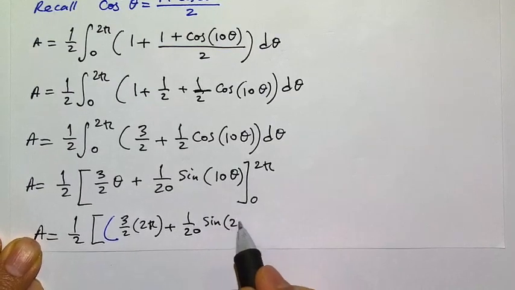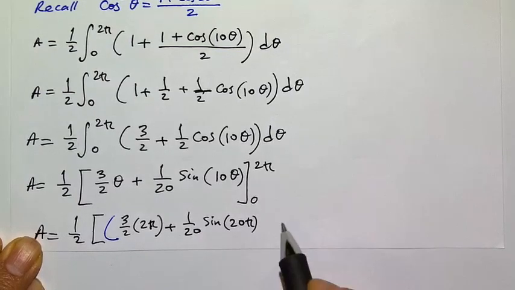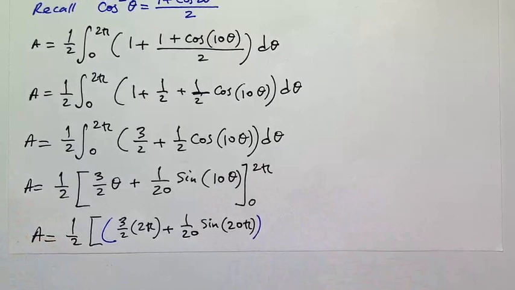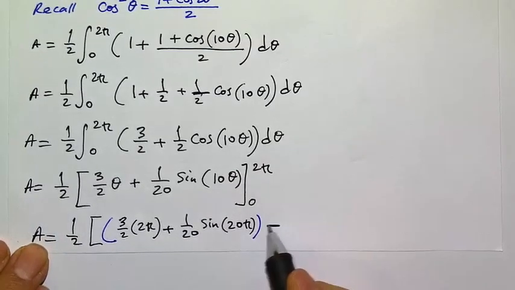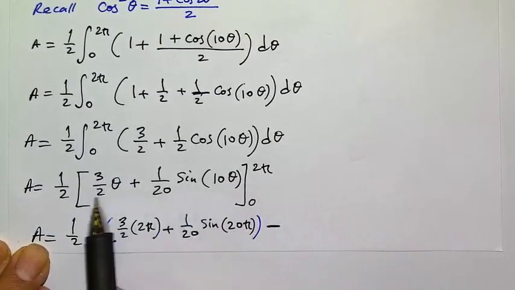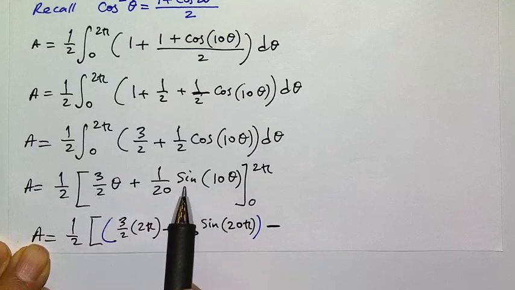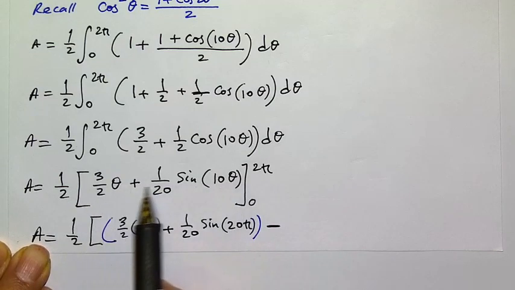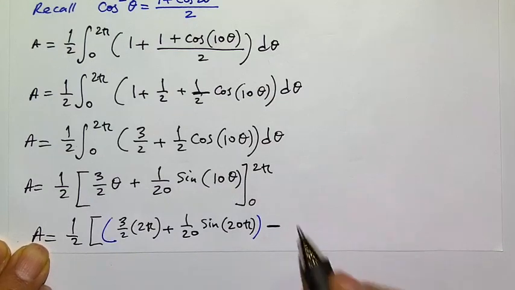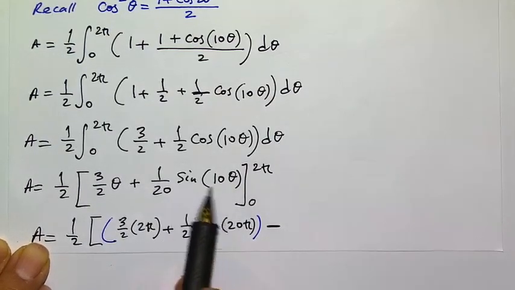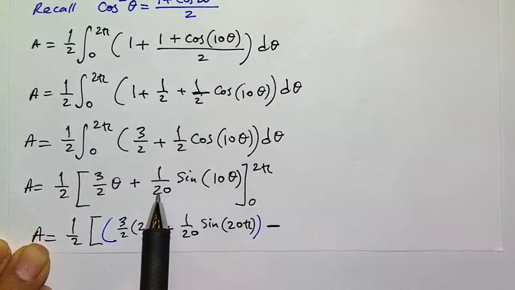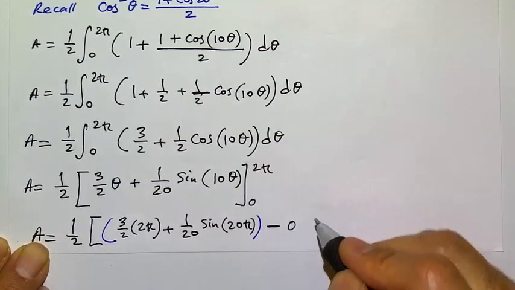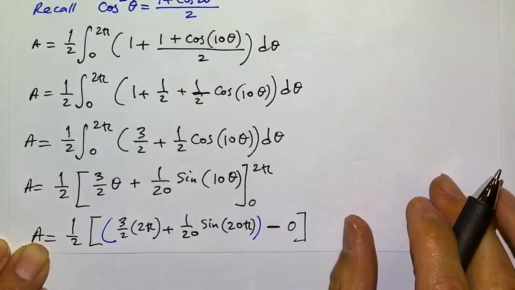It's going to be 20 pi, right? And then we can close this, and then we can say minus, because all we have is just theta times a constant and a sine function. When you substitute theta with 0, both of these terms drop out, right? If we had a cosine, we would have to be careful because we'd get a non-zero constant, but we have a sine here. So minus 0 and then that.